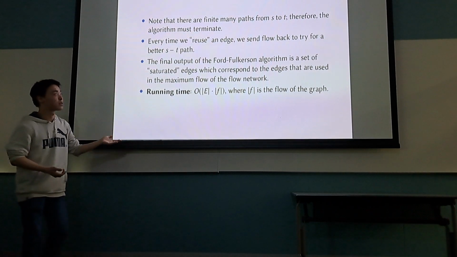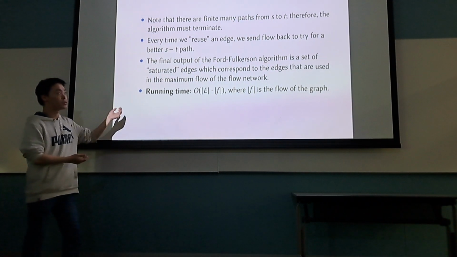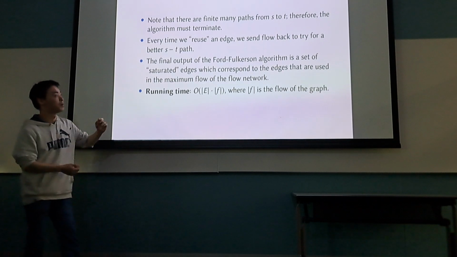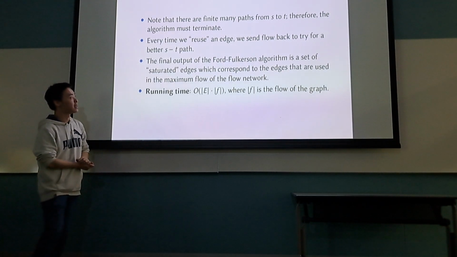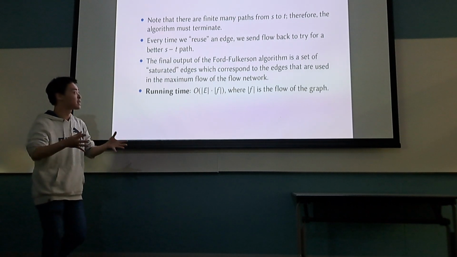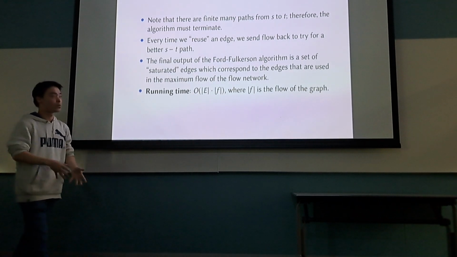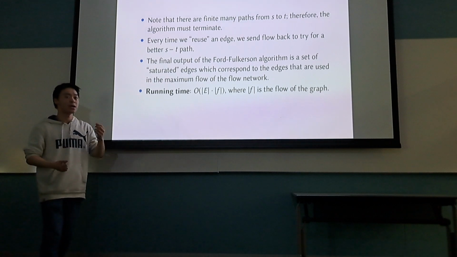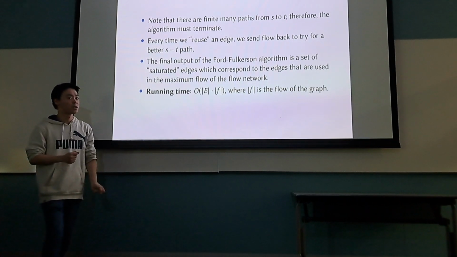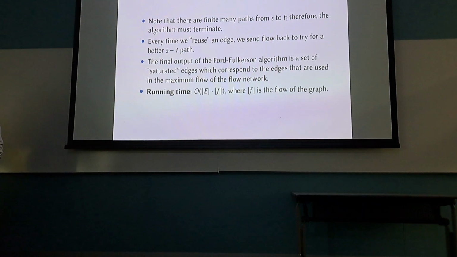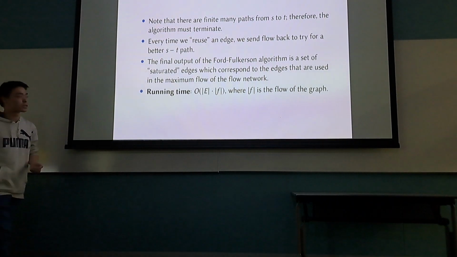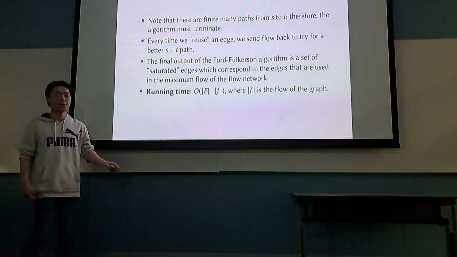We can reuse all of the edges, and when we do that, we have to send flow back to find better S-T paths. The final output is basically a set of saturated edges, which also correspond to the edges that are used along the maximum flow of our flow network. The running time for this algorithm is the number of edges times the amount of flow in the graph.